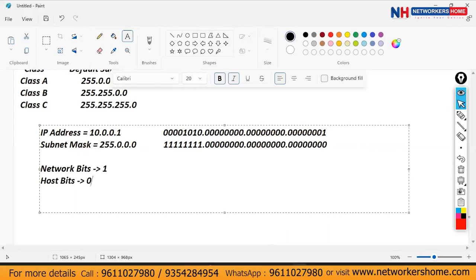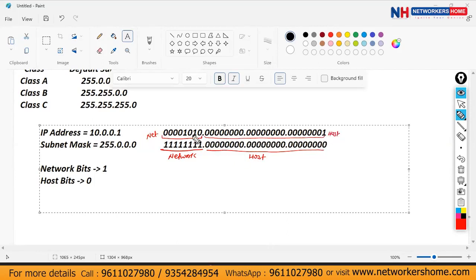So you can say these bits are the network and all these bits are the host. Comparing this with the IP address, this part of your IP address belongs to the network and the remaining part belongs to the host.